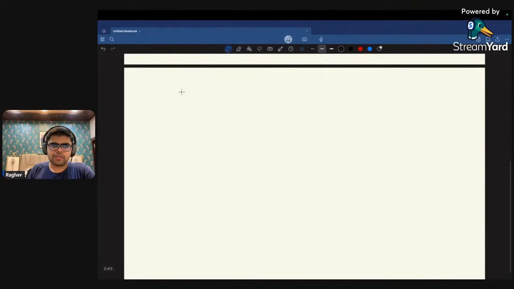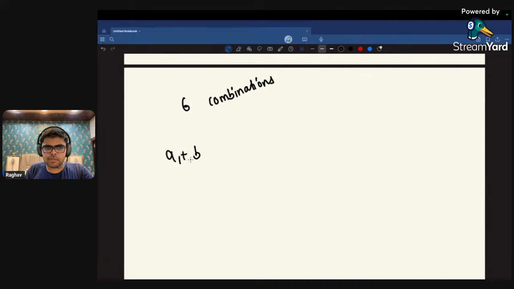So the idea is there are six combinations. Right? I think this much is clear that there are six combinations. For each and every one of them, let's say we are talking about the combination A1 plus B1 plus C1, first of all we will concatenate them, and we will get a binary string.